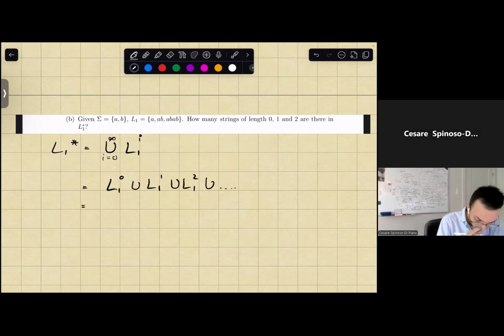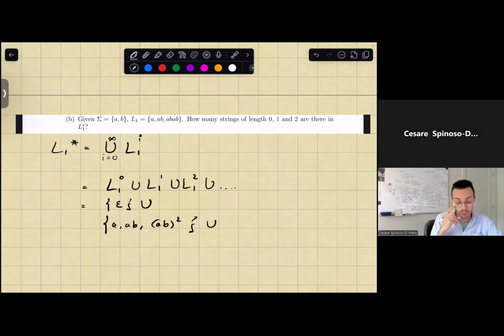If I represent this more explicitly, remember the convention is that any language power 0 is the language containing the empty string. Then union L1 power 1, well, that's just L1, so that's A, AB, and AB squared. I'll write that for compactness.